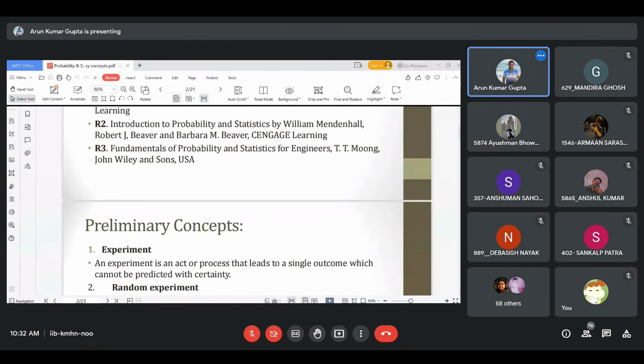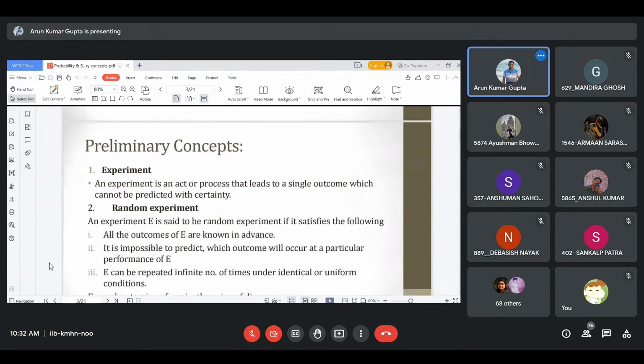Any other modification? It can be defined as a procedure or trial in which outcomes are well defined and we can do it repeatedly.